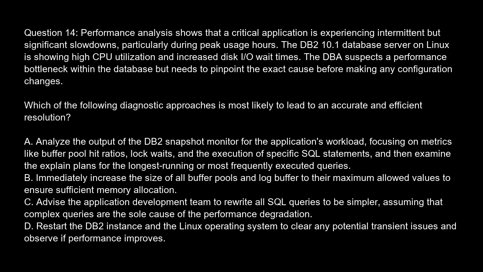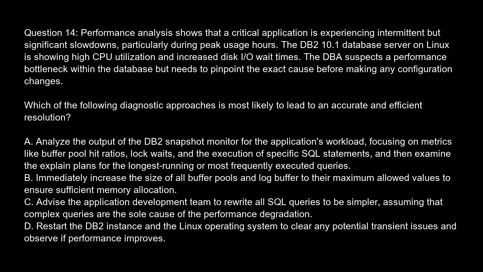Option A. Analyze the output of the DB2 snapshot monitor for the application's workload, focusing on metrics like buffer pool hit ratios, lock waits, and the execution of specific SQL statements, and then examine the explain plans for the longest-running or most frequently executed queries. Option B. Immediately increase the size of all buffer pools and log buffer to their maximum allowed values to ensure sufficient memory allocation.